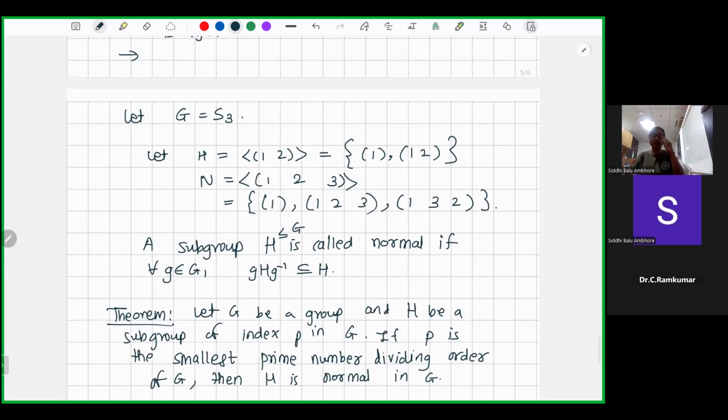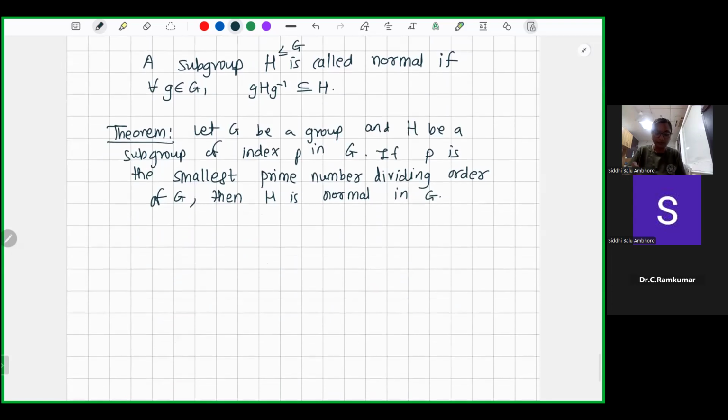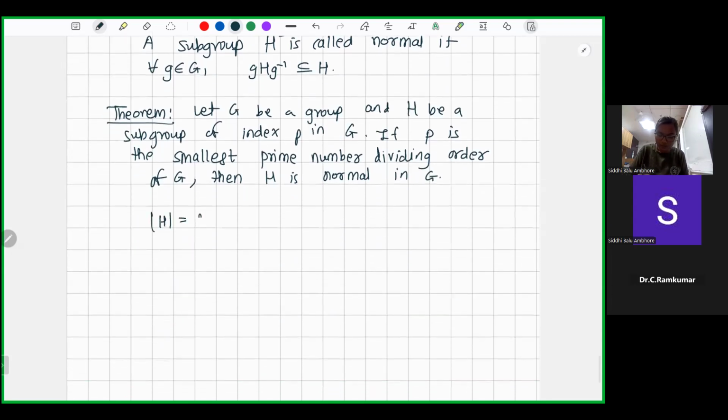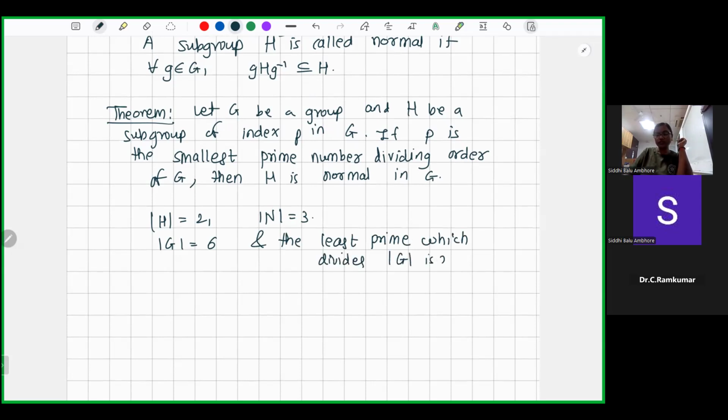So here, when we have this H and N, we know that the order of H is 2 and the order of N is 3. The order of G is 6, and the least prime which divides the order of G is 2 here.